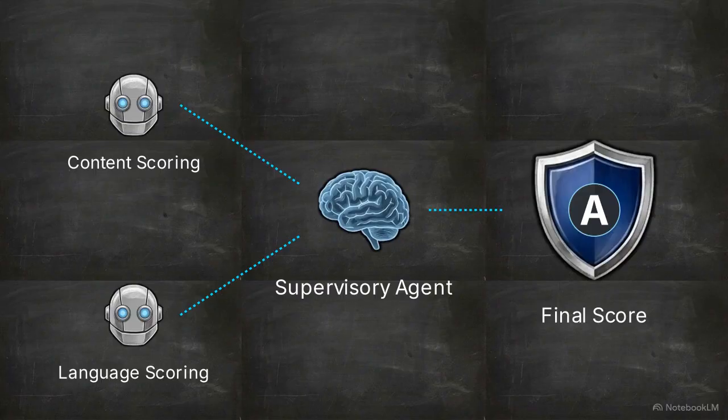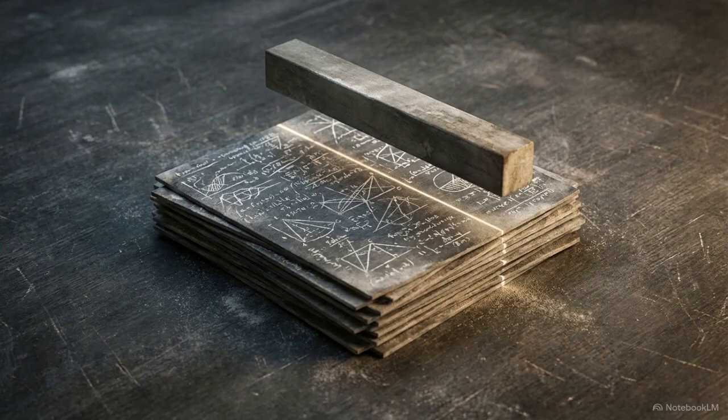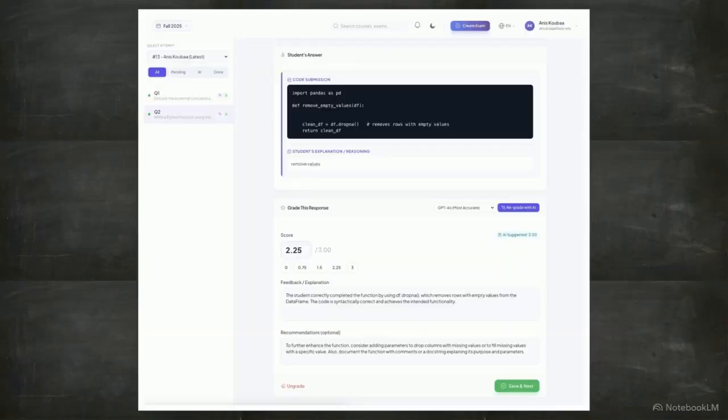Moving from theoretical architecture to practical application reveals how this multi-agent system evaluates complex, handwritten examinations in real time. This image displays a live interface called ExamGPT. Vision language models, or VLMs, process non-text inputs like the scanned student coding exam shown here.